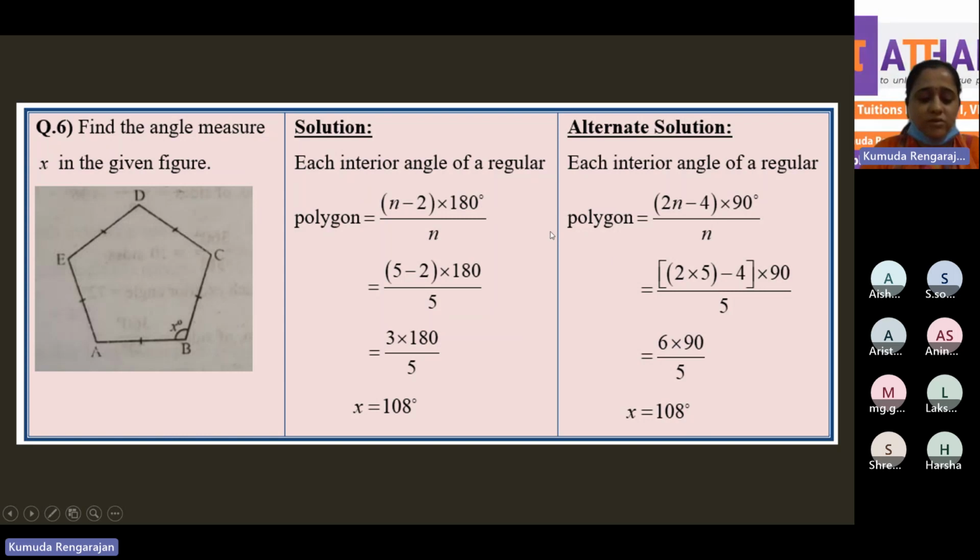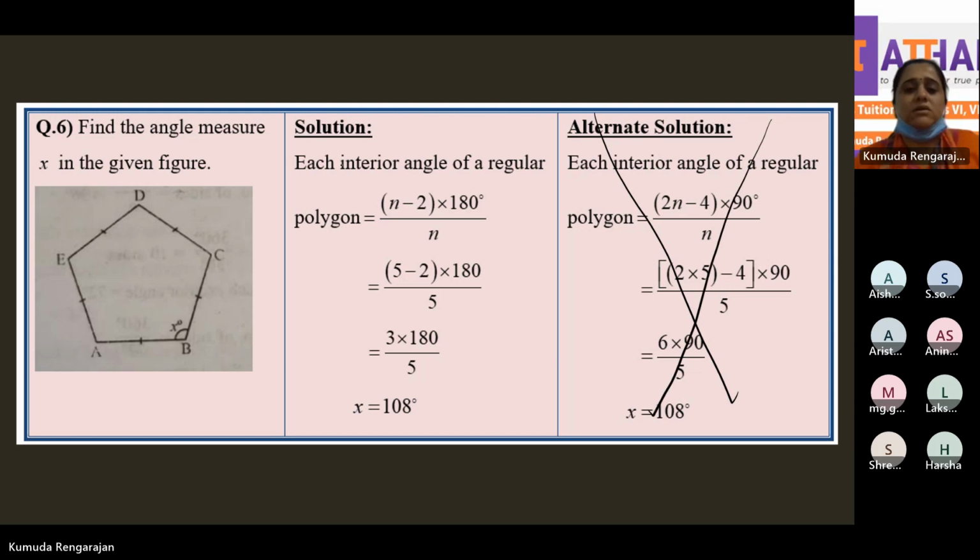Don't worry about the alternate solution. You don't look at this one. So each interior angle, I've also given you this formula. Each interior angle is equal to n minus 2 into 180 by n.